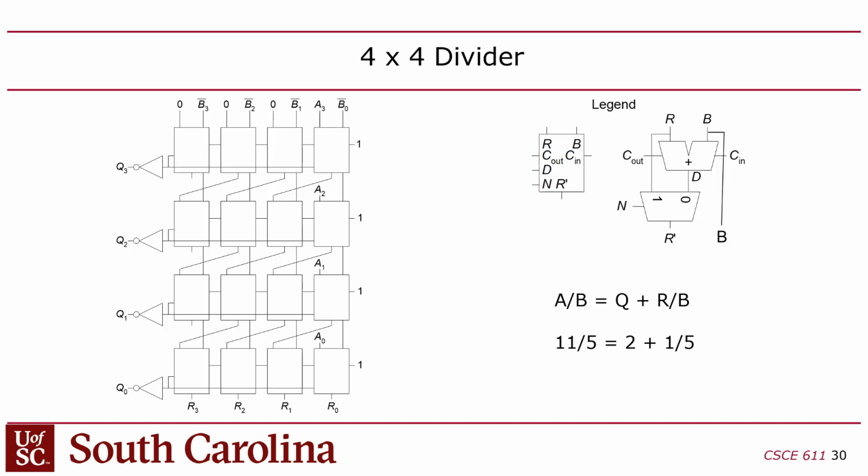11 divided by 5. So 11 divided by 5 is 2 with a remainder of 1. And it's 2 plus 1 over 5, 2.2, right?